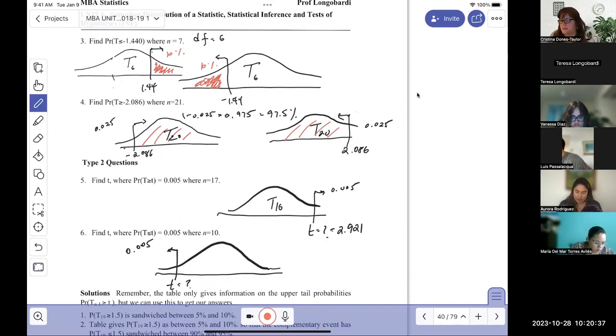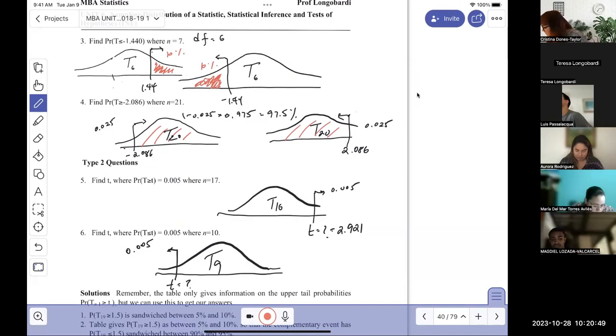T9. Oh, T9. Yes, on T9. Be careful. Because if you had T16, then you would have the answer already, but you don't have T16, you have T9. 3.25, but on the negative.